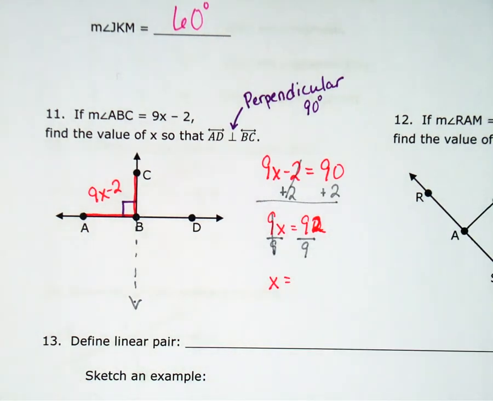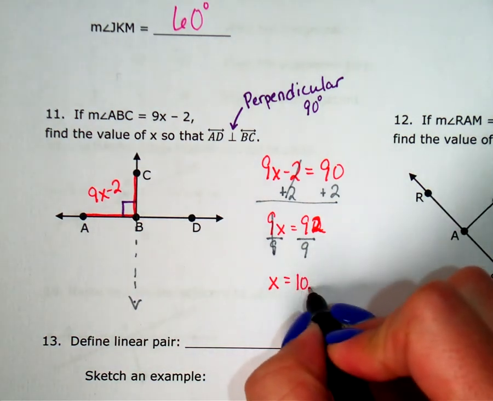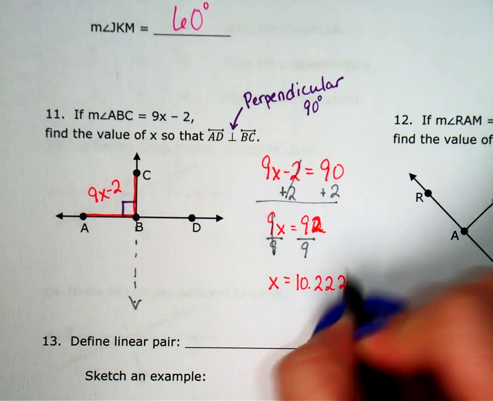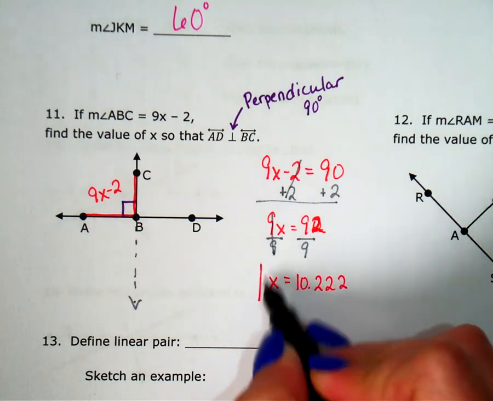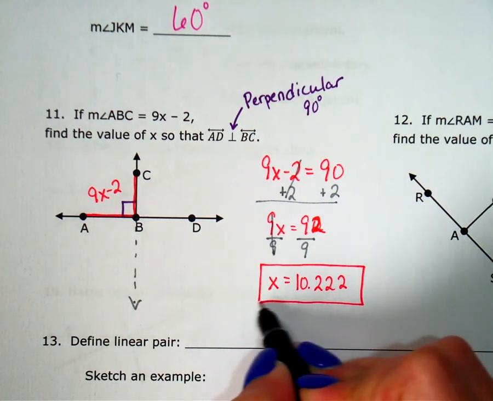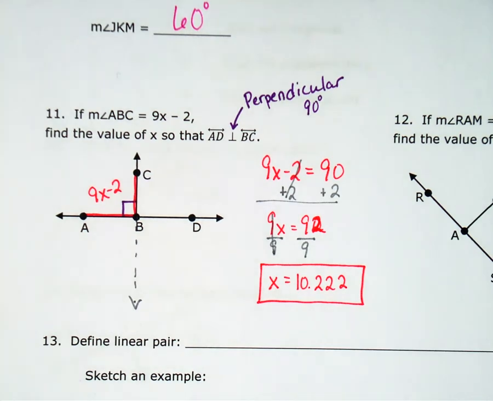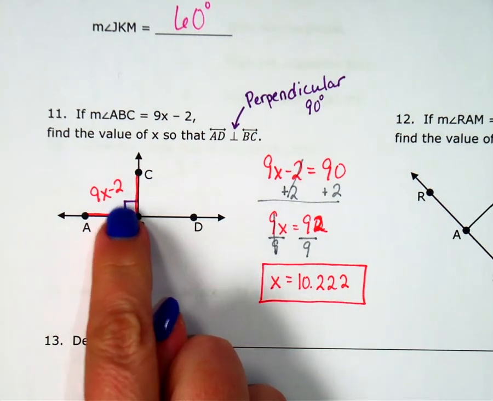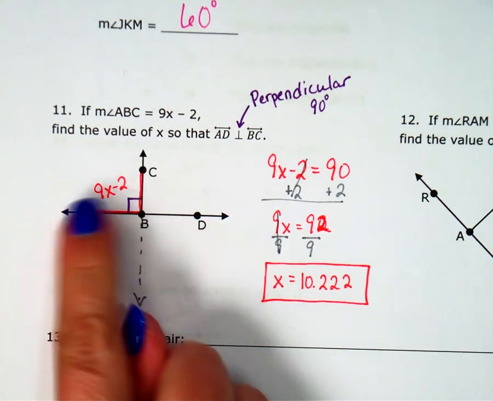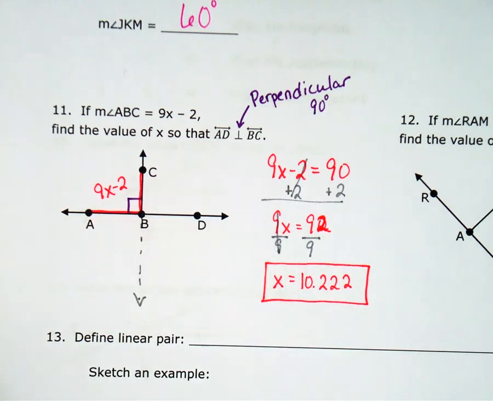So I'm going to go ahead and just get myself a 3-place decimal. 92 divided by 9 is 10.2 repeating. So I'm going to do 10.222 for my value of x. So that this angle will be 90 degrees, which means these lines will be perpendicular.